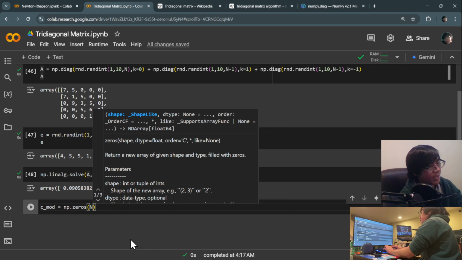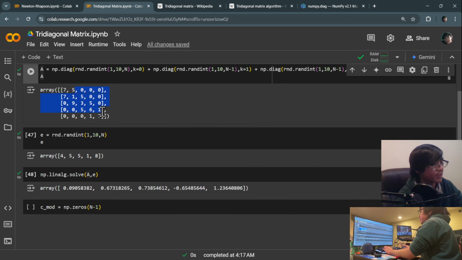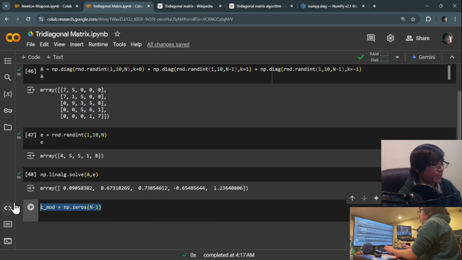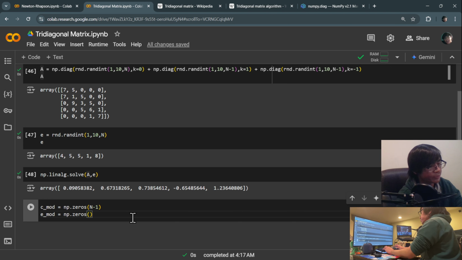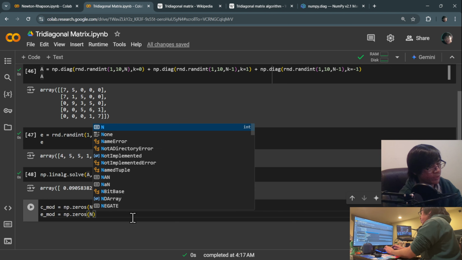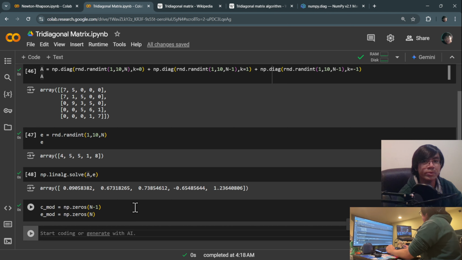And we'll make it n-1, since remember the C's only go, this is our C's, it doesn't reach the last row, so it has to be n-1, 4 in our case. And then same thing for our epsilon, their modified values, but they do go all the way down. This is what we need to note when we do them for the top and the bottom separately outside the loop.